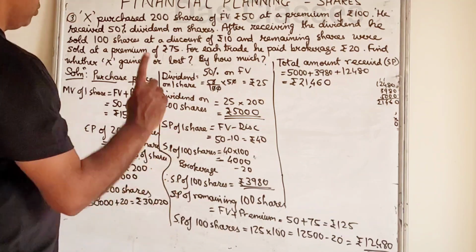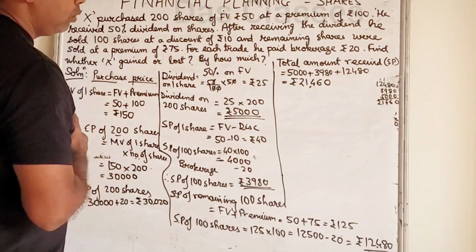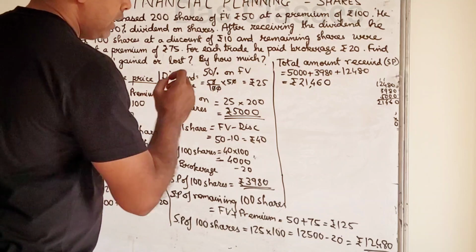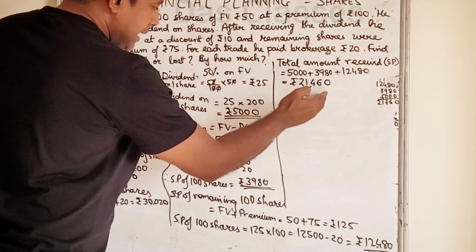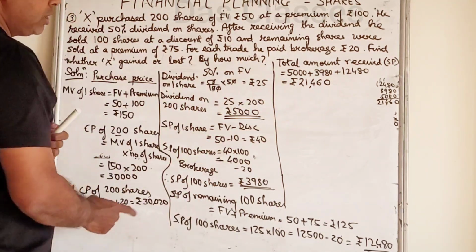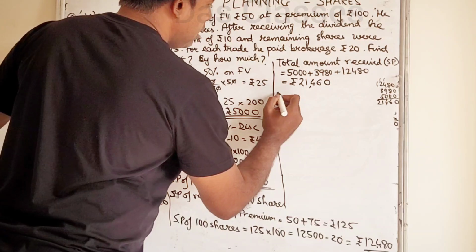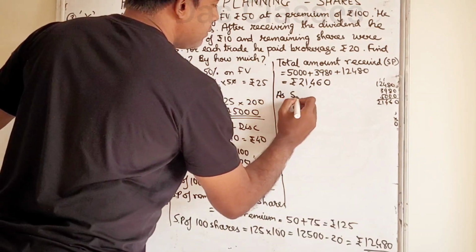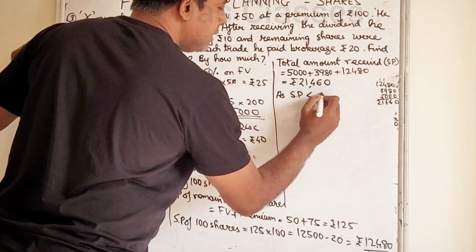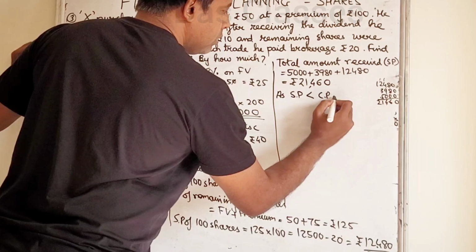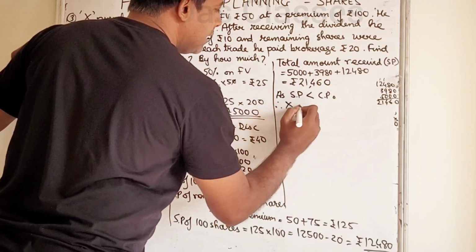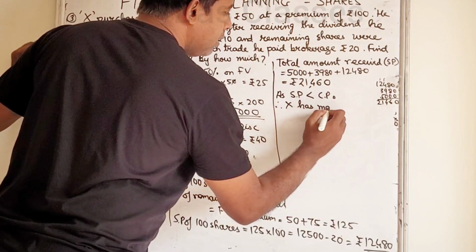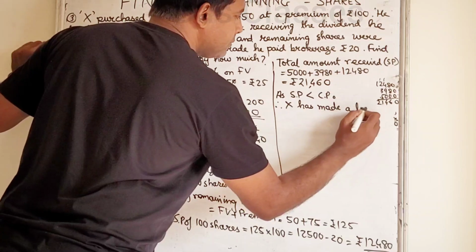That means, first question, did he gain or lose? Obviously, as he is selling for a lesser amount than what he has paid for the shares, he has made a loss. As the selling price is less than the cost price, therefore he has made a loss.